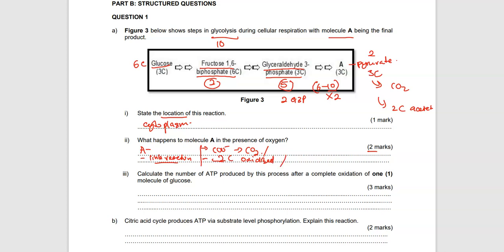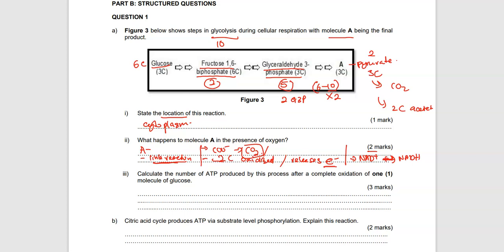Or it releases electrons, and these electrons are used to synthesize NADH molecule. So link reaction, apart from producing carbon dioxide, also produces NADH. The next point you can mention is that NAD plus will receive the electrons to form NADH molecule.